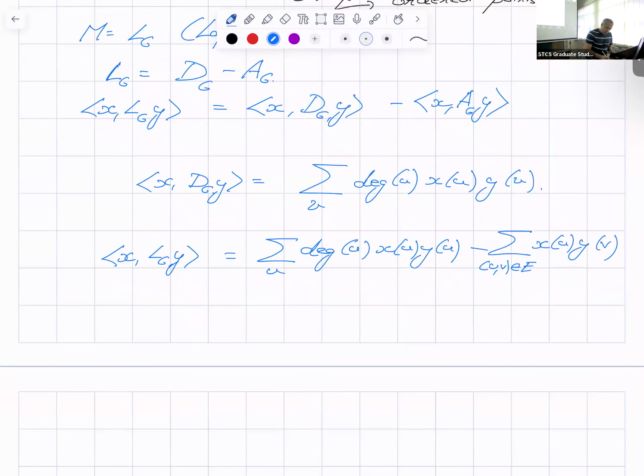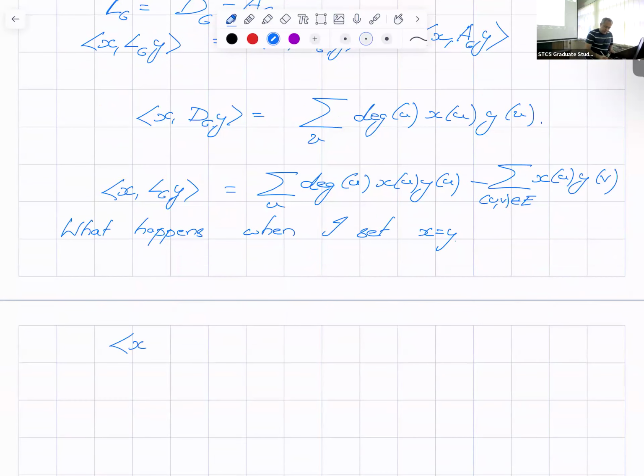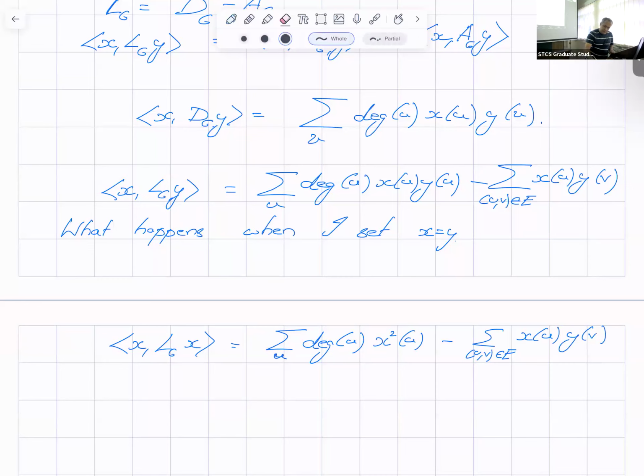Now I want to know, what happens when I set x equals y in this? I'm going to have x L_G x. I'm going to have sigma over u of degree u times x_u squared, minus the summation over ordered pairs of x_u x_v.